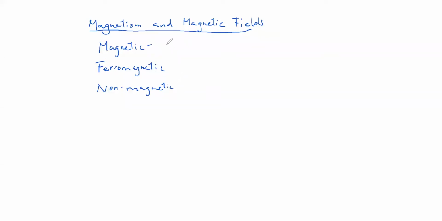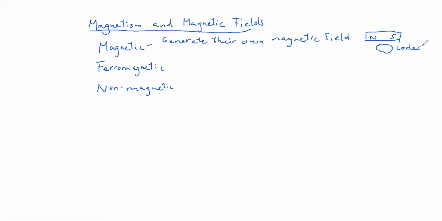Now, magnetic substances can automatically generate their own magnetic field. These are things like actual magnets with a north and south pole, as well as what we called the rock, but essentially it's called a lodestone.